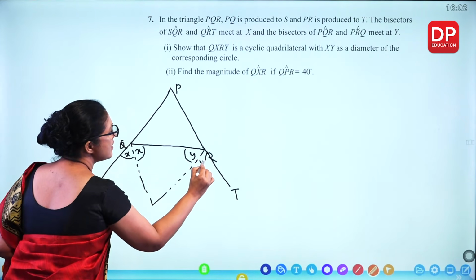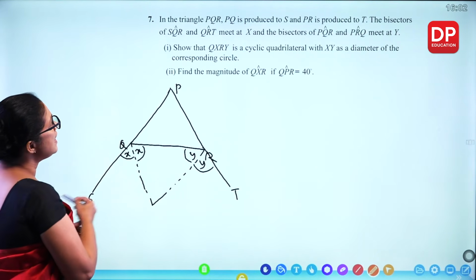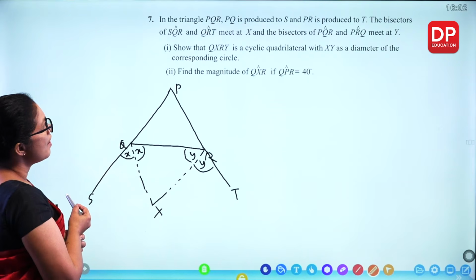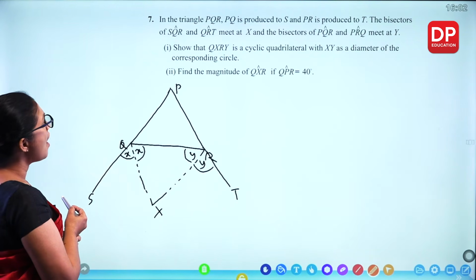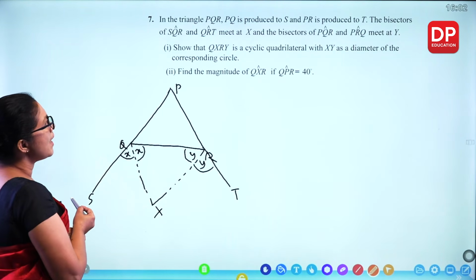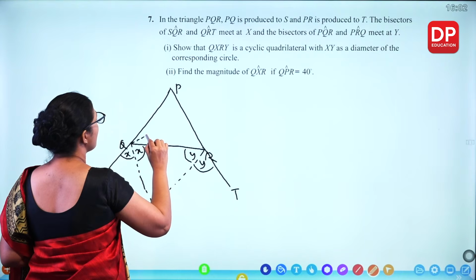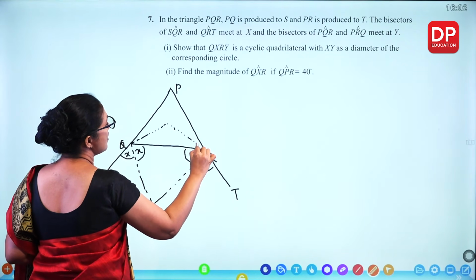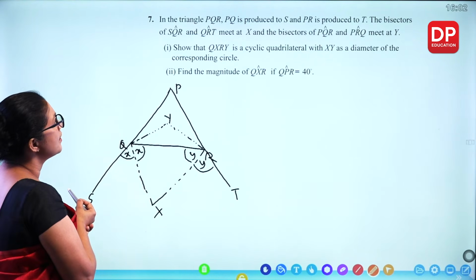If this is Y, this is Y. These two bisectors meet at X. PQR bisector and PRQ bisector meet at Y. This one and this one meet at point Y.